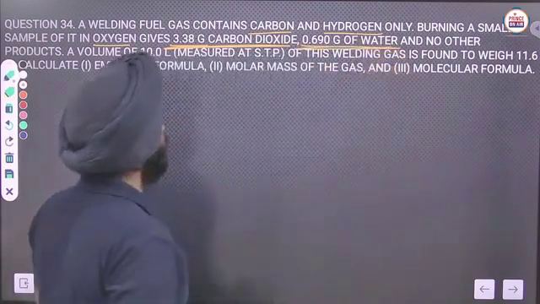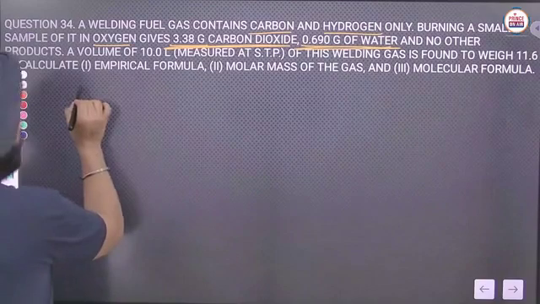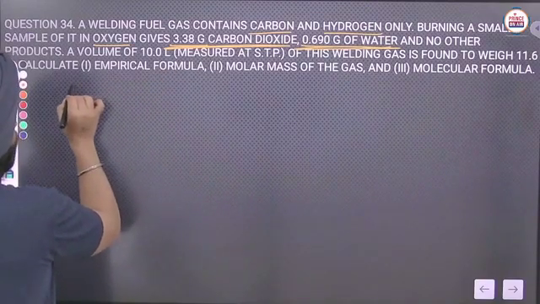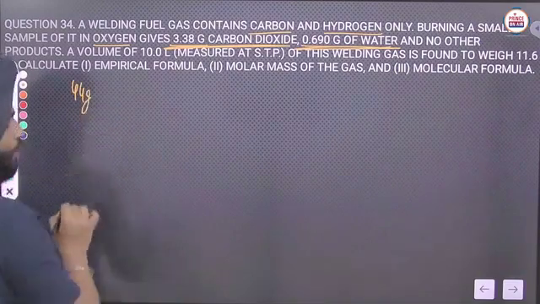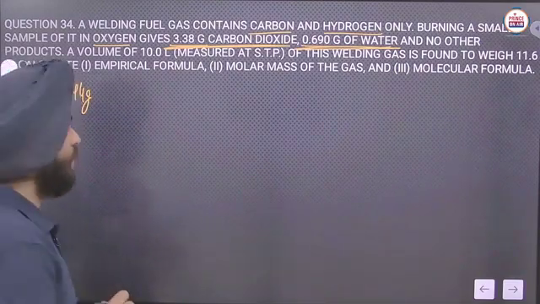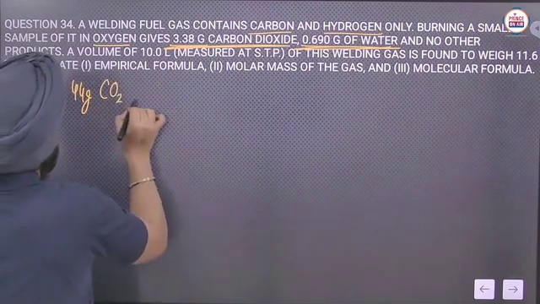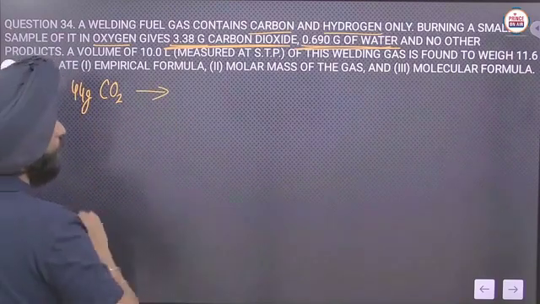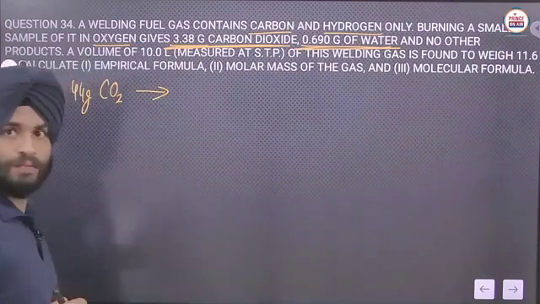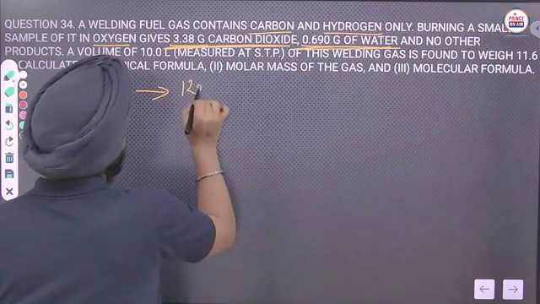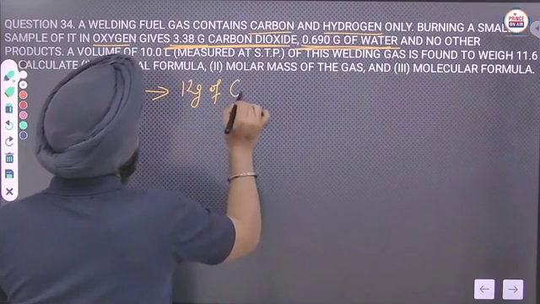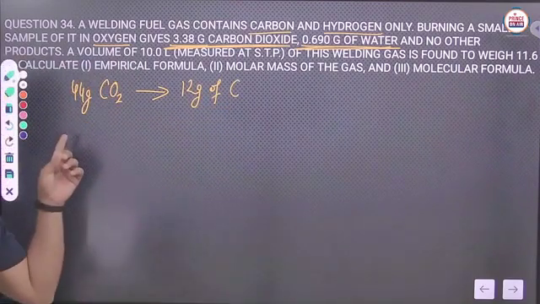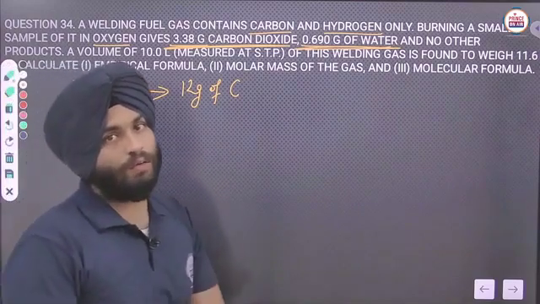So listen carefully here. We all know that 44 gram is the molar mass of carbon dioxide. So 44 gram of carbon dioxide will contain how much carbon? That will be 12 gram. 44 gram of carbon dioxide will contain 12 gram of carbon.